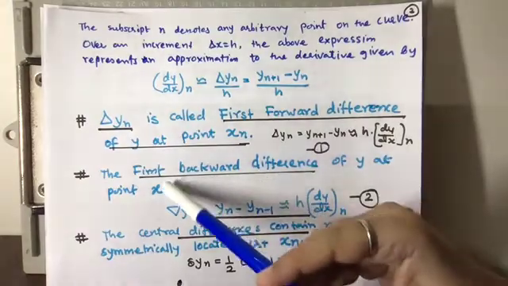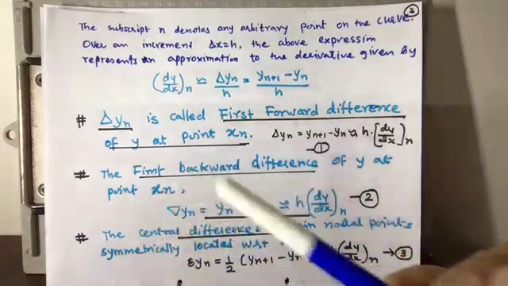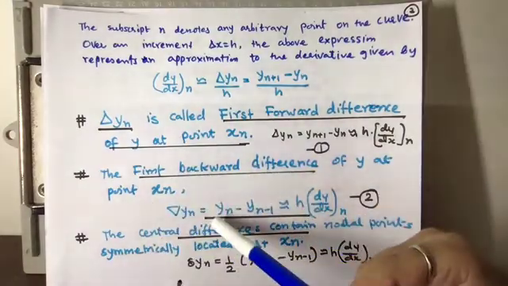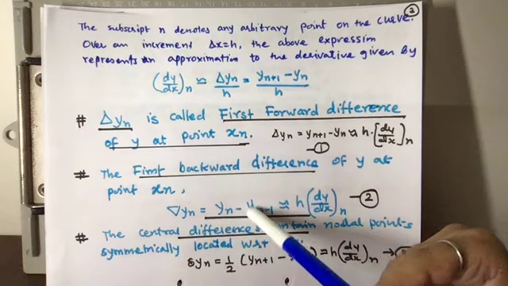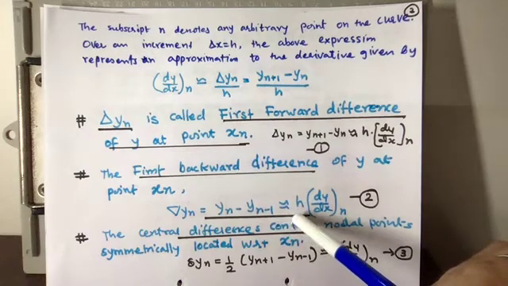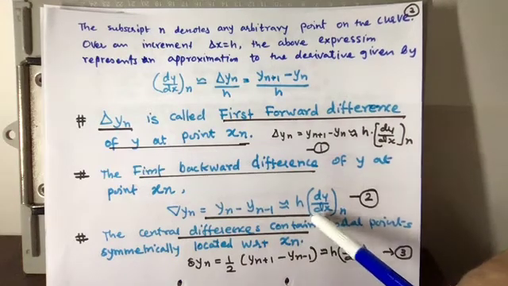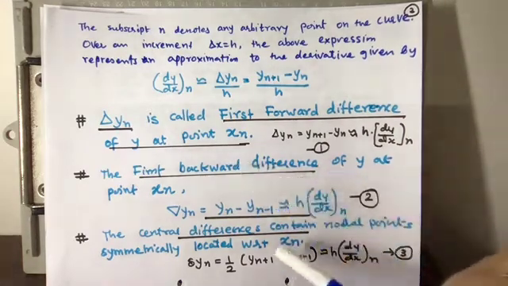So what do we mean by first backward difference? When you take the difference with the backward value yn-1, that is called the first backward difference.